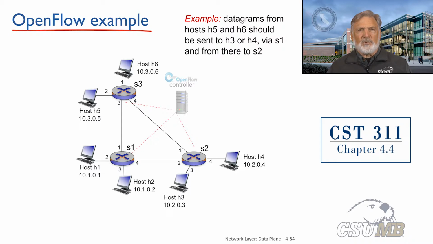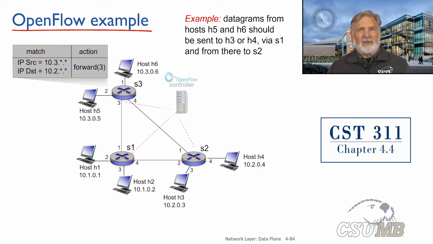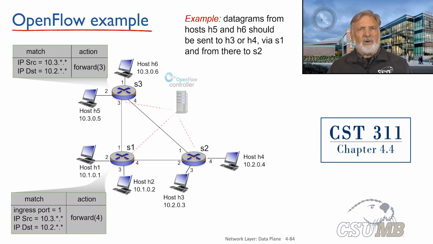One of these rules determines how the routers direct packets sent by host H5 or H6 to host H3 or H4. The directly connected router S3 forwards these packets out of its port 3 toward router S1. Router S1, receiving its packets on its port 1, matches the addresses and forwards the packets out of its port 4 toward router S2.